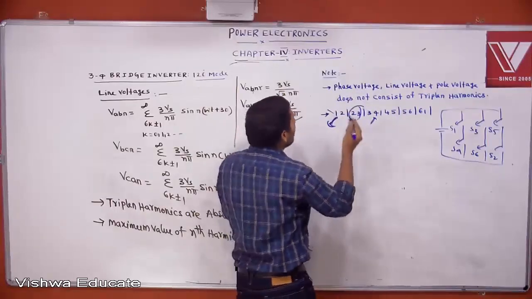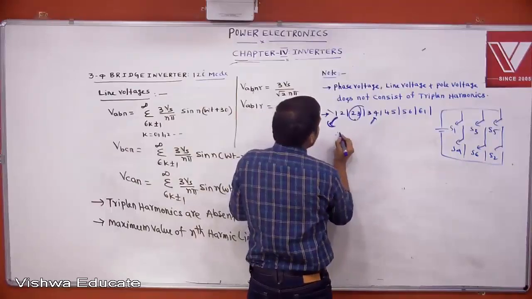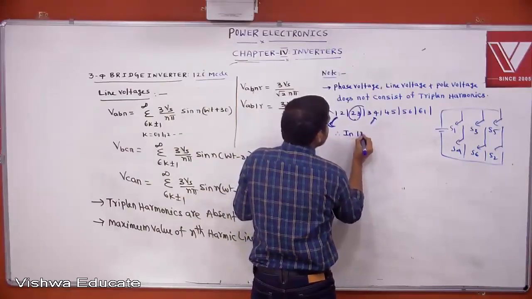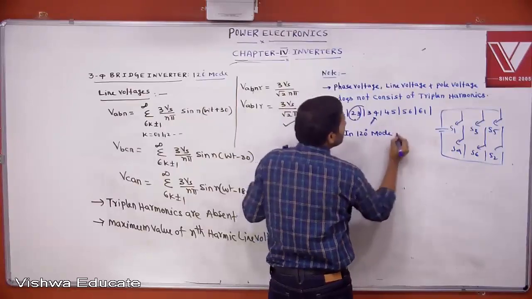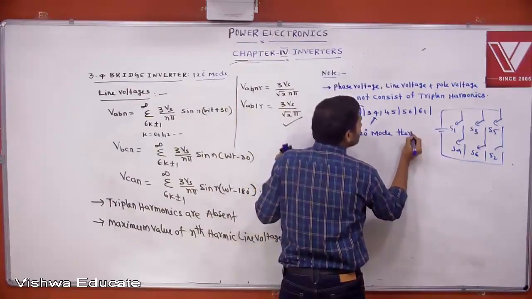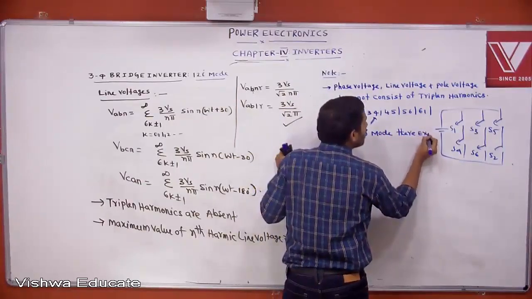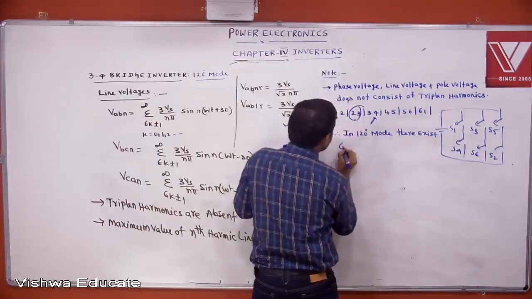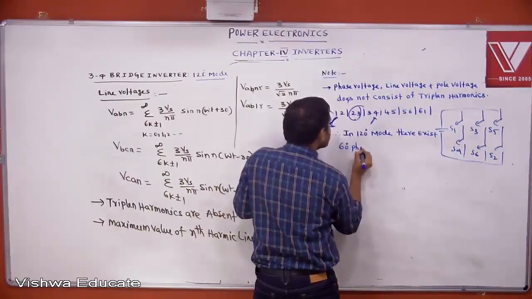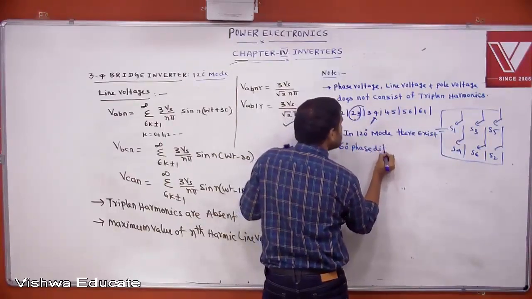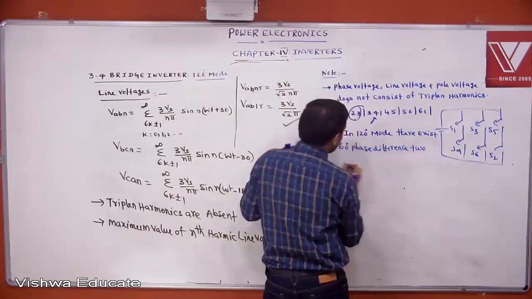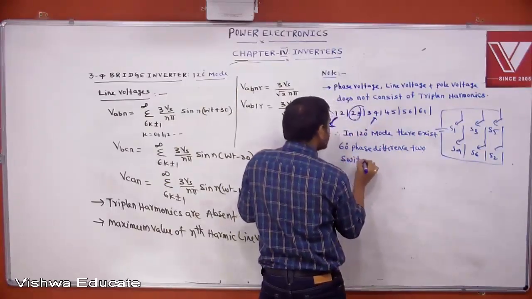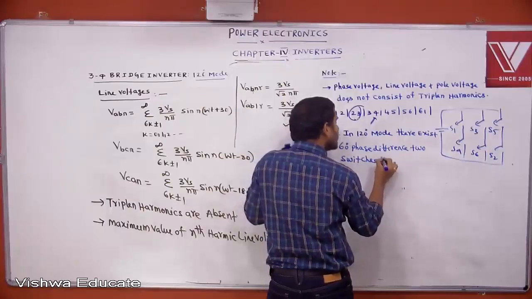That's why there is no short circuit fault. That's why in 120-degree mode, there exists a 60-degree phase difference between the 2 switches in the same leg.